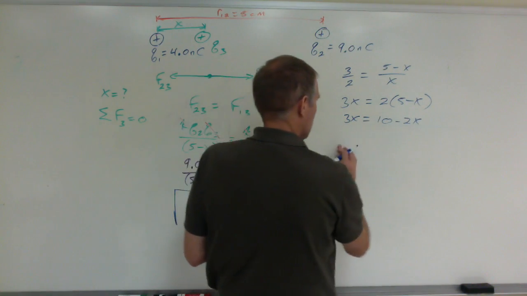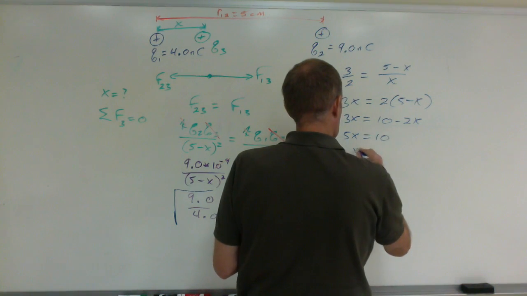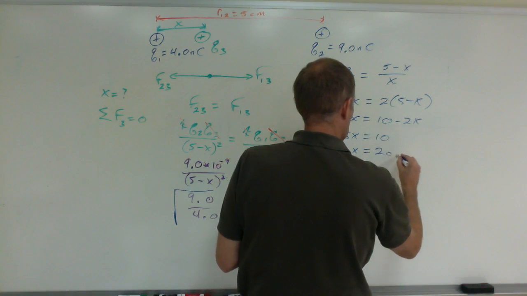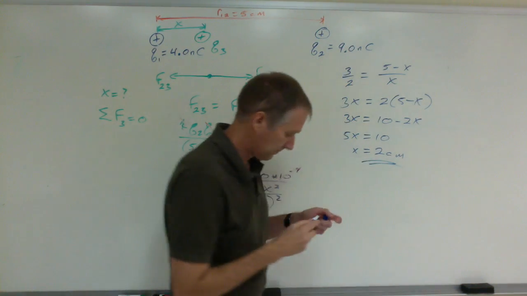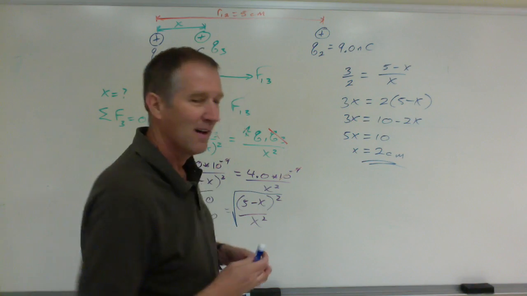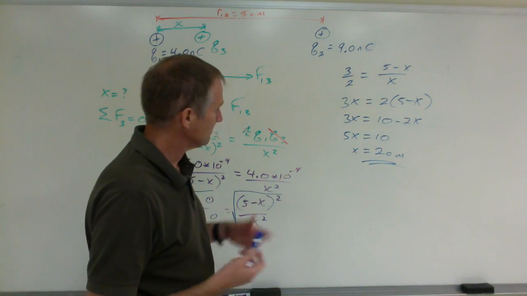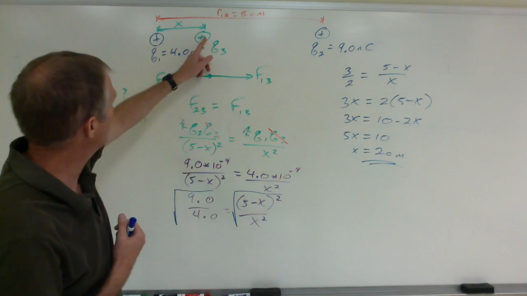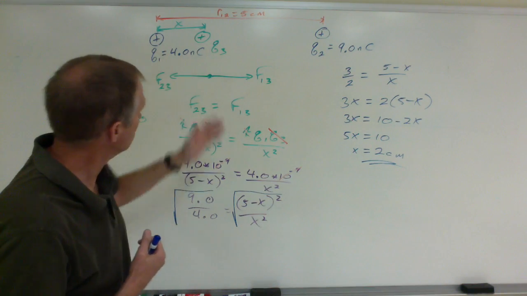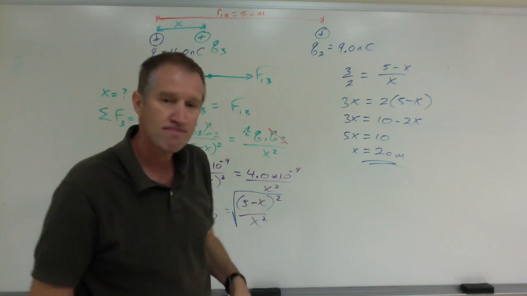Now add the 2x to the other side, so I get 5x equals 10, and x equals 2 centimeters. I like that problem. We're done. So that is 2 centimeters from Q1. It would obviously be 3 centimeters from Q2. Yay!